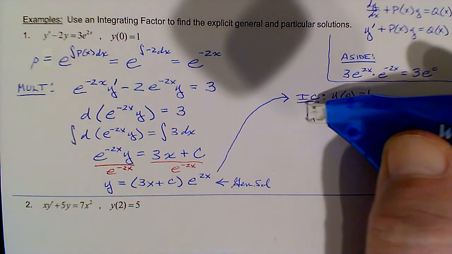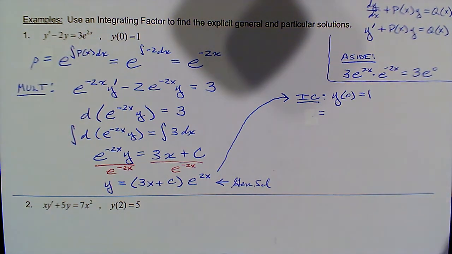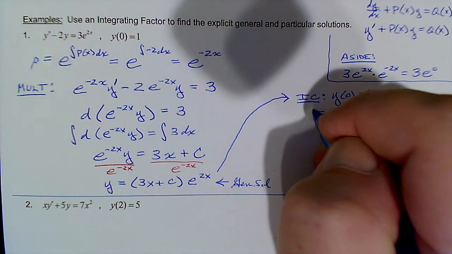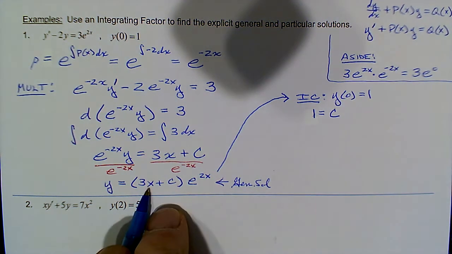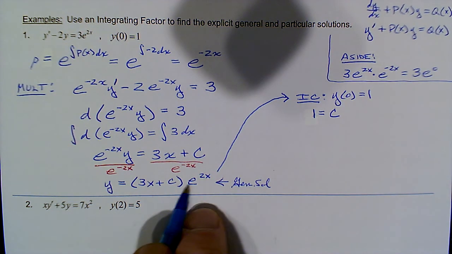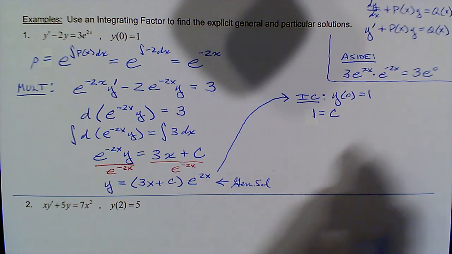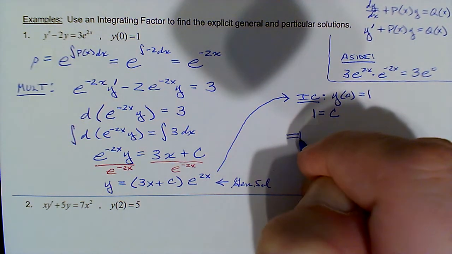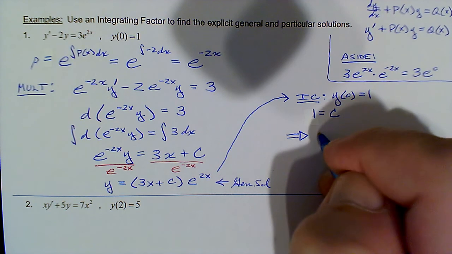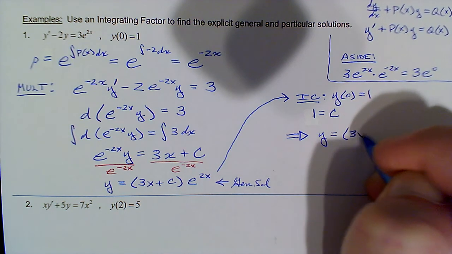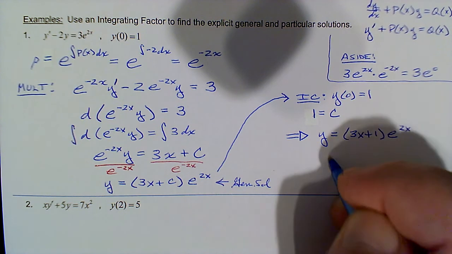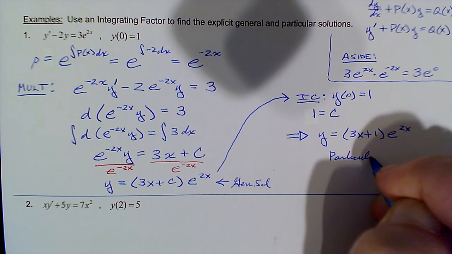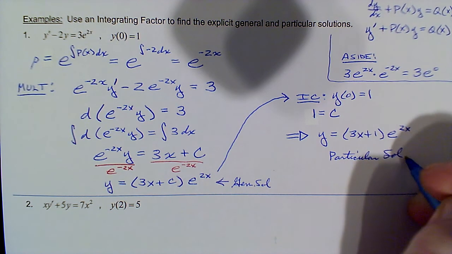So therefore, into the general solution, we have that 1 is equal to c, because if we put a 0 in for x, 3x is gone, and then e to the 0 is 1, so we just get 1 is c. And then the particular solution would be y equals the binomial quantity 3x plus 1 now times e to the 2x. And that's the particular solution.